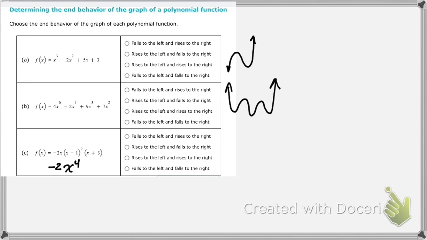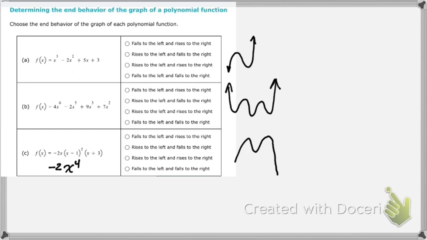Have you followed along well enough to say what the basic shape of that could be? It's negative, so it's opening down. 4th degree, so it has a maximum of 3 changes in direction. It's always 1 less than the degree, the number of changes in direction. So this is 1, 2, 3, 4, 5 changes in direction for a 6th degree.